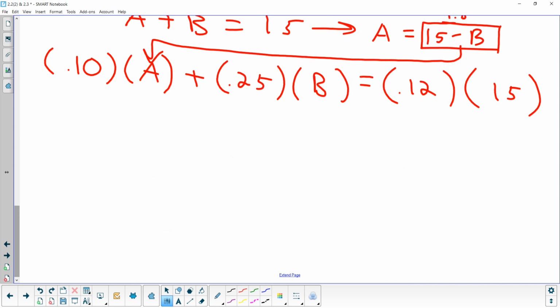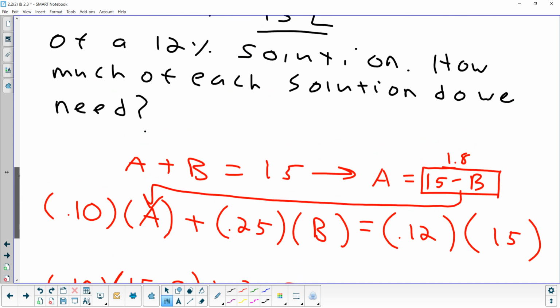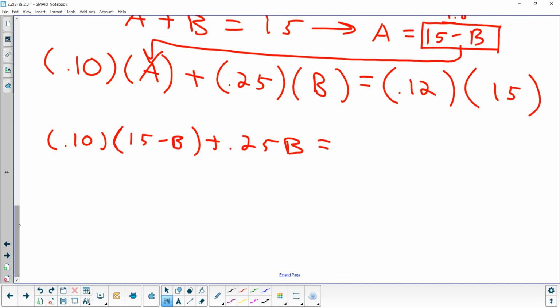Okay, so let's do what that says. 0.1 times 15 minus B plus 0.25B. I don't really need parentheses around the 0.25 and the B anymore. Equals, and I did 0.12 times 15. What was that? 1.8. All right.